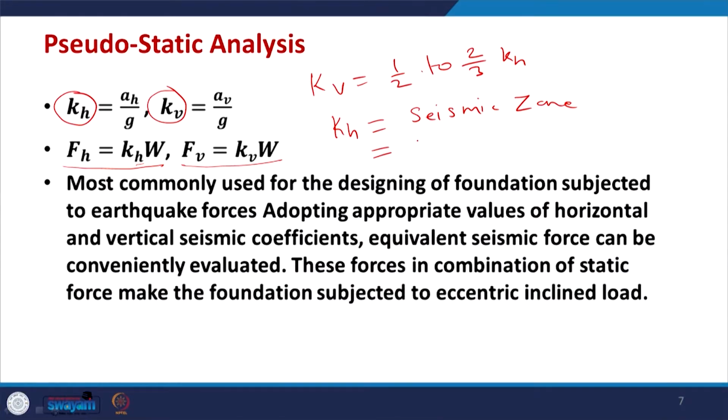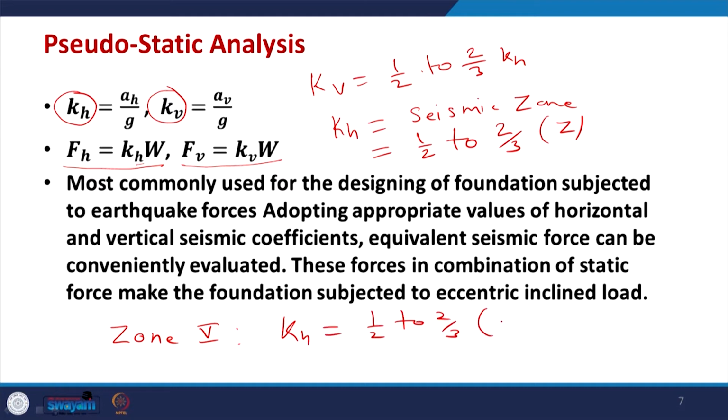So, KH can simply be half to 2/3 of the zone factor Z. For example, if I go for zone 5, KH can be approximated as half to 2/3 of 0.36. That means you get 0.18 to 0.24, and if I take the average of these, you get approximately 0.21.